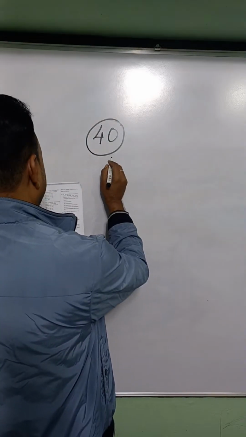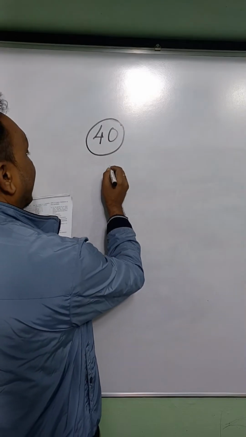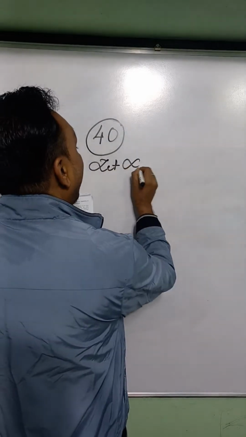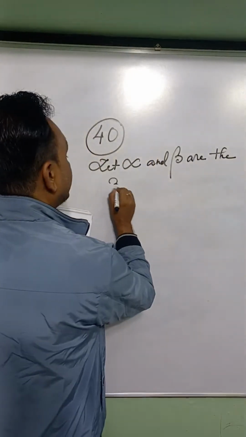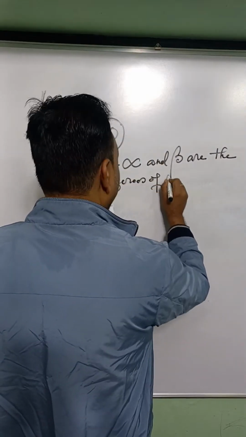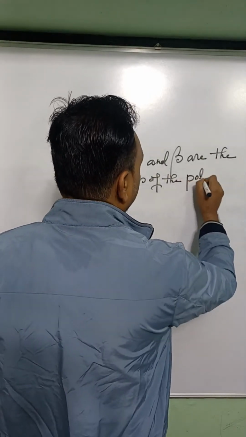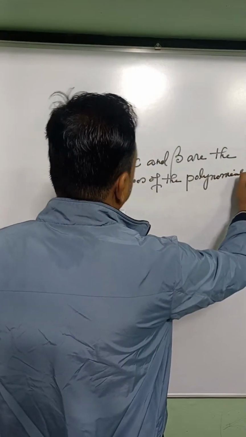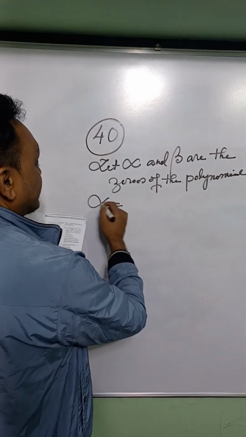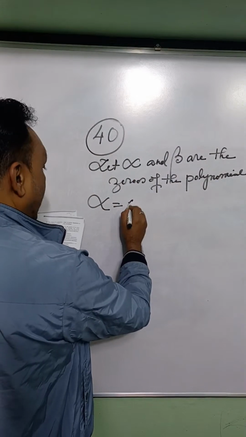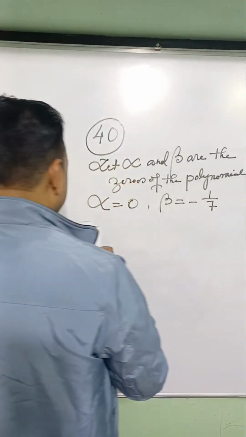So let alpha and beta be the zeros of the quadratic polynomial. Alpha is 0 and beta is minus 1 by 7.